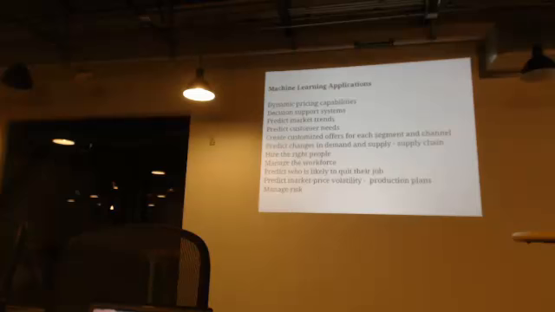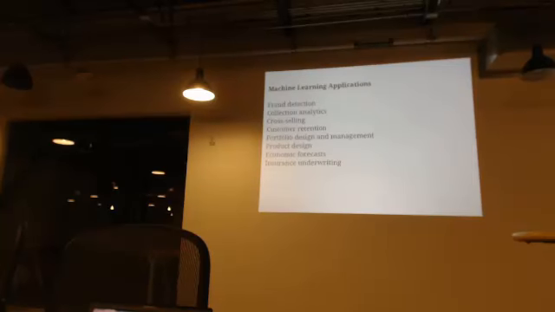These are all things that we're just starting to apply machine learning algorithms to. Fraud detection, that's been around for a while, but we're actually using machine learning to become even more sophisticated about fraud detection. Collection analysis, cross-selling.